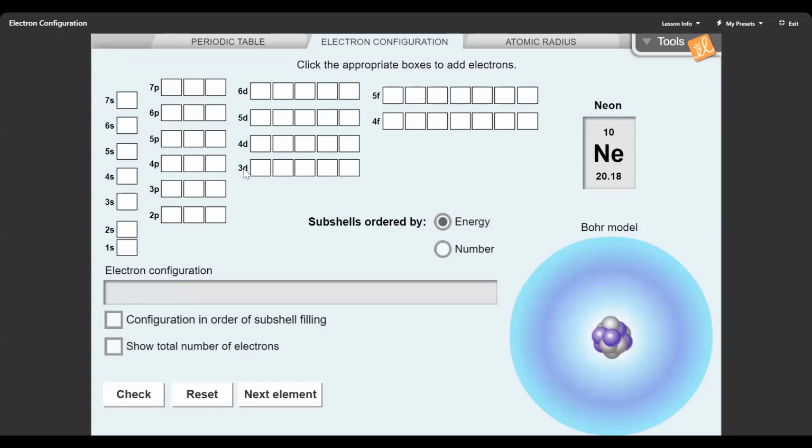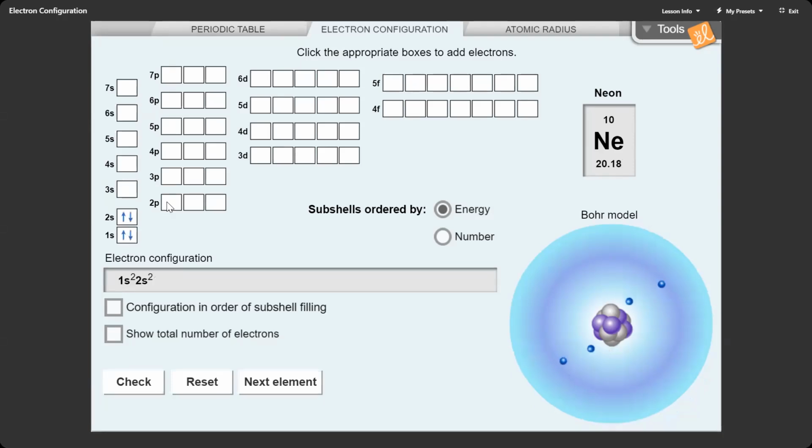Okay, so we place these 10 electrons following the rules in the electron orbital. 1, 2, 3, 4, 5, 6, 7, 8, 9, 10. This is the electron orbital diagram. You start from the first energy level, and it has to be opposite spins. Before you go to the second energy level, when you get to the p orbital, you have to put 1, 1, 1, then you pair them up.